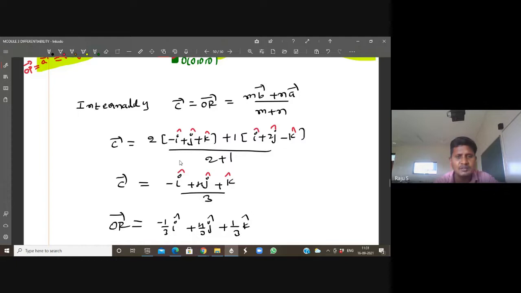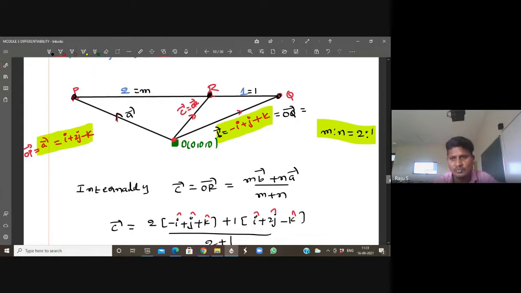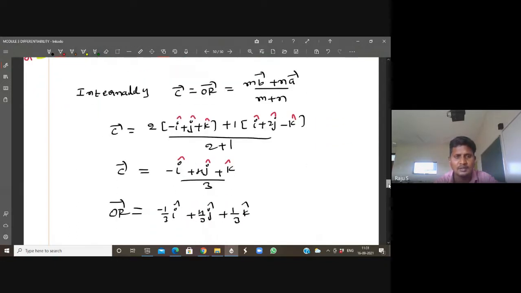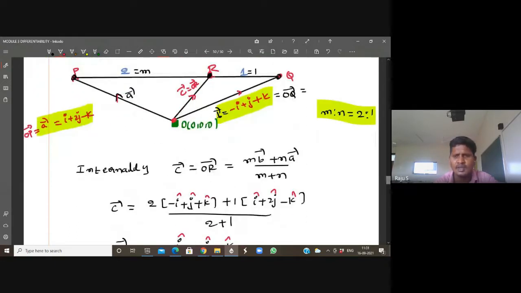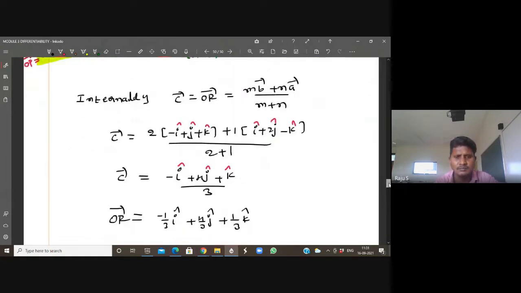In the exam you must write the cap, or else an arrow mark: i vector, j vector, k vector. So this is the required position vector of the point R between P and Q in the ratio 2 is to 1. Simple. Is it difficult? Just one formula, (mB plus nA) by (m plus n).